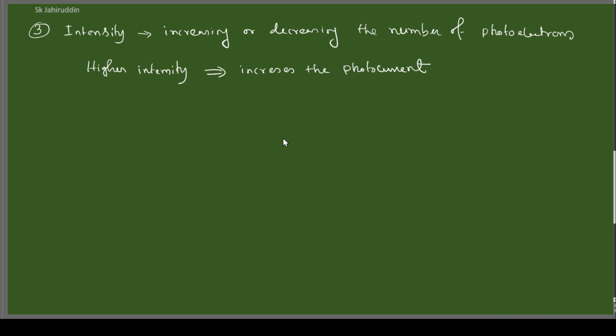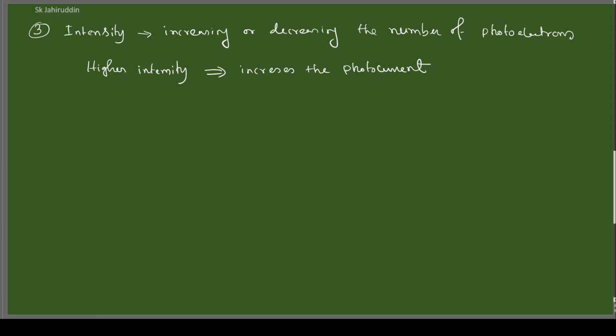But from the classical theory of light, higher intensity should increase the velocity of the electrons more. Of course, higher intensity will increase the photocurrent, that is not an issue. But it only increases the photocurrent and does not affect the velocity of electrons. So these were the observations. If you want, I can give you another 1-2 data points, but the main part is the corresponding physics. That was our brief discussion of the experimental photoelectric effect.